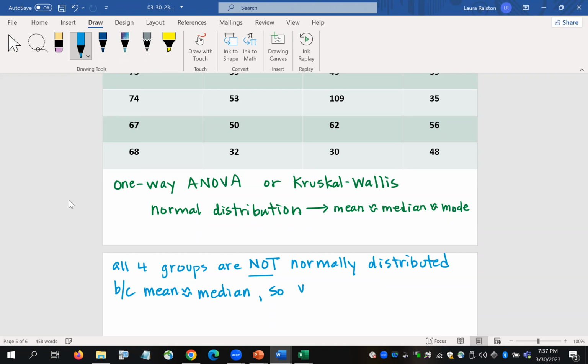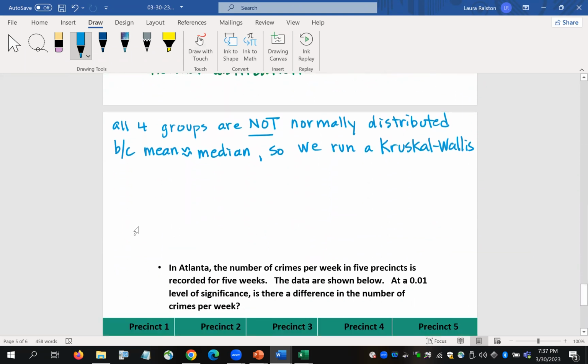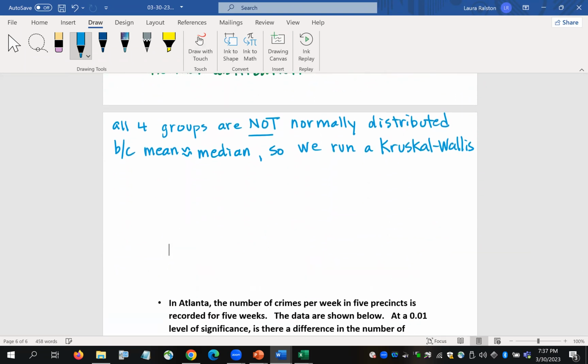So we run a Kruskal-Wallis. But the process is virtually the same.